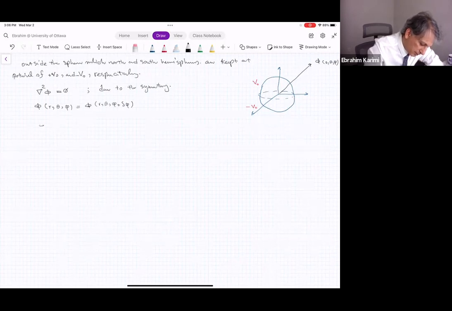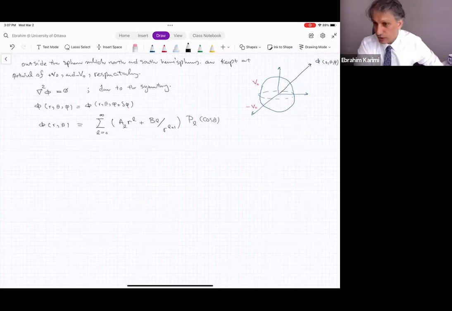Therefore the potential, as we solved, r and theta, will be given by the sum over L equal to 0 to infinity of A_L r to the power of L plus B_L divided by r to the power of L plus 1, times P_L of cosine theta.